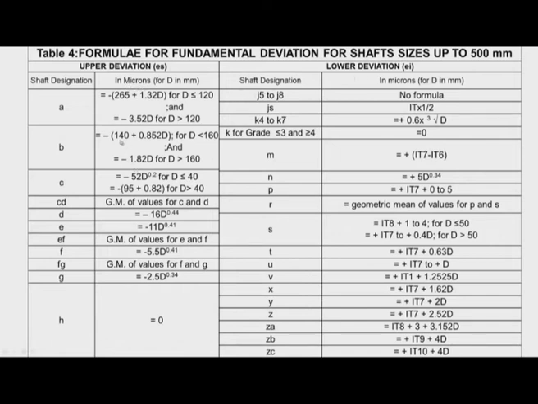For example, if we select the shaft d, the upper deviation will be equal to minus 16 times D power 0.44 micrometer, where D is in millimeter. So like this, using this table one can find the formula for the fundamental deviation.